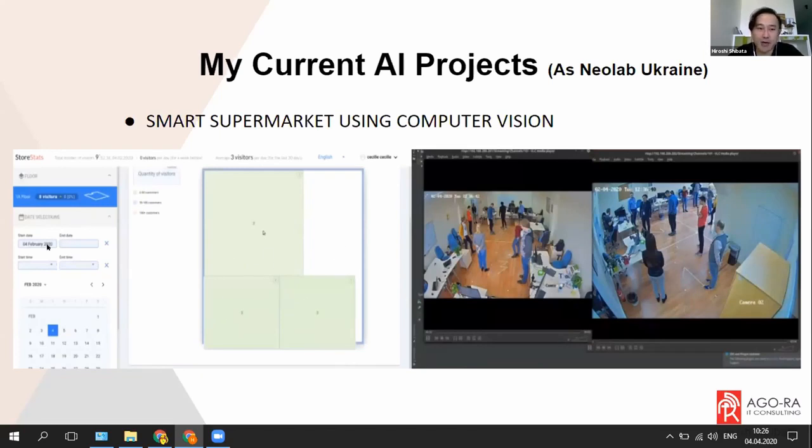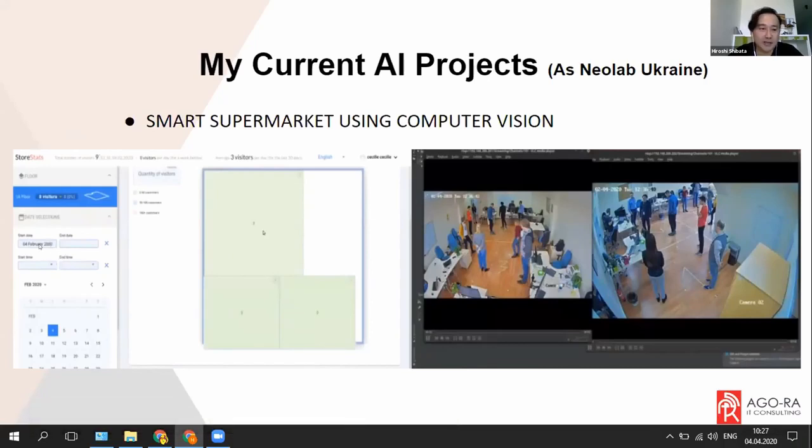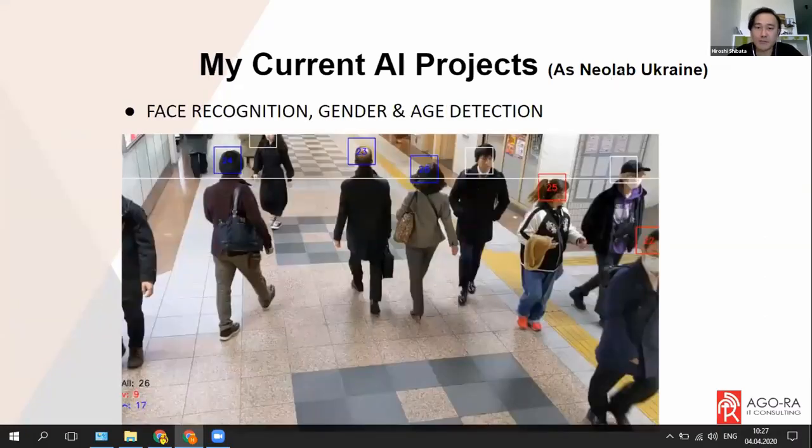On the dashboard on the left you can filter the time, and the system is also supposed to detect face, gender and age. So it can be used for marketing purposes. This is gender and age detection.